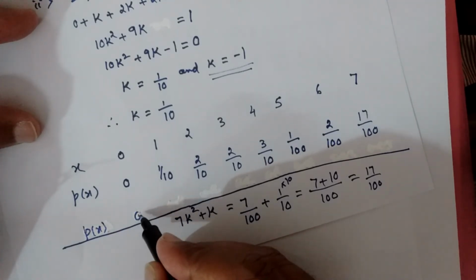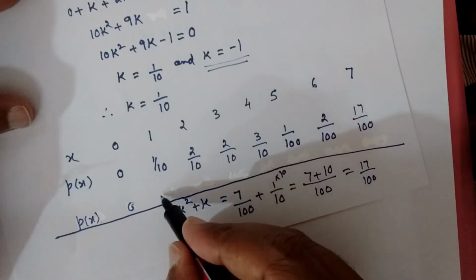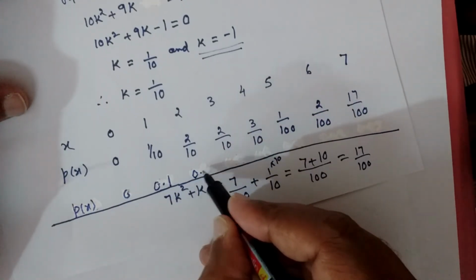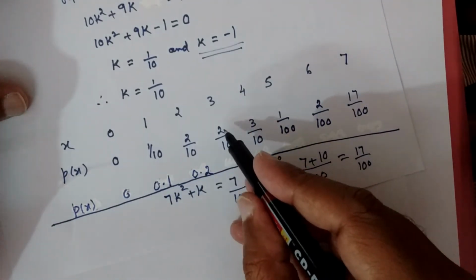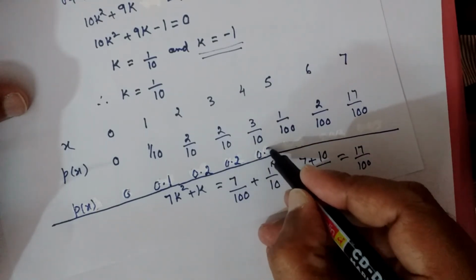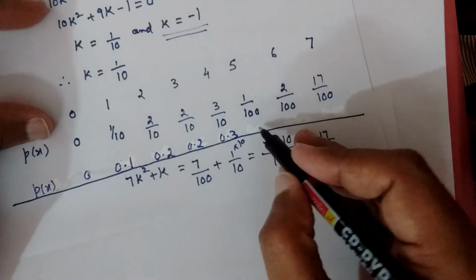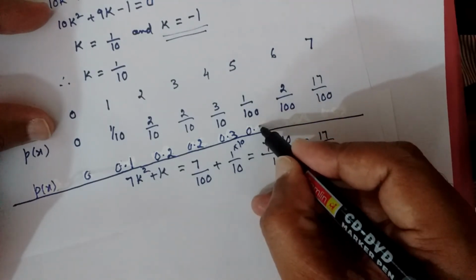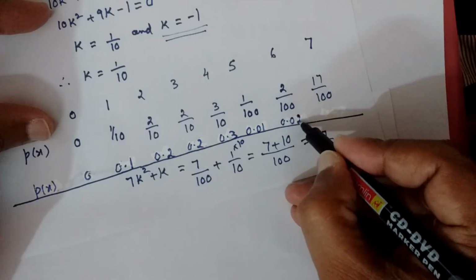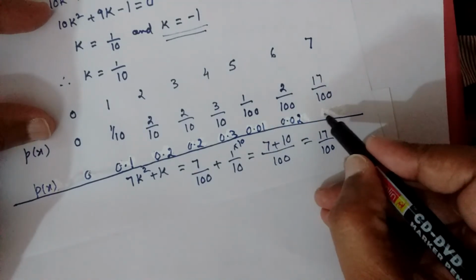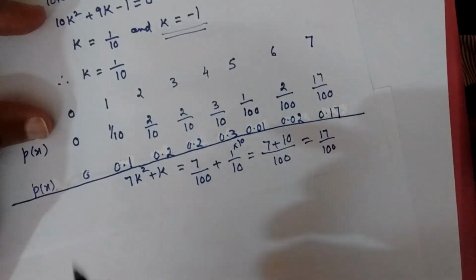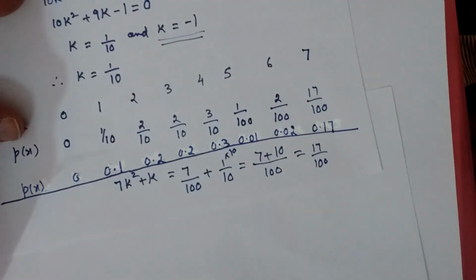This will be 0 itself. 1 by 10 can be written as 0.1. 2 by 10 can be written as 0.2. Again 2 by 10 is 0.2. 3 by 10 is 0.3. 1 by 100 is 0.01. 2 by 100 is 0.02. And 17 by 100 is 0.17. So it just becomes easy for us to add.